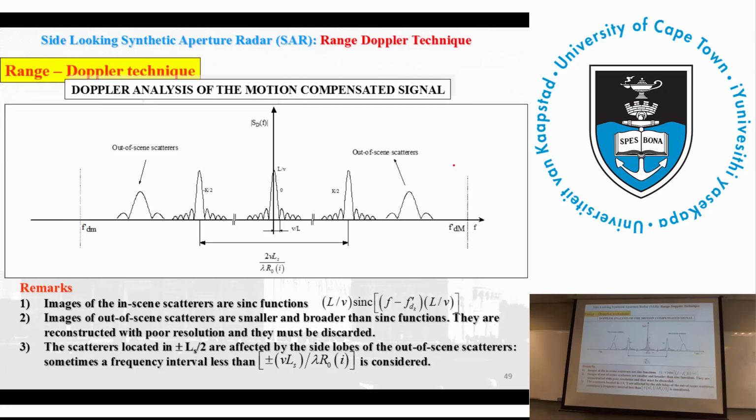The scatterers located in plus minus Ls divided by 2, which is where the scatterer is here, are good in a sense that they are perfectly focused, and the point spread function here is pretty nice, same as this. But they suffer from side lobes from the ones on this side.